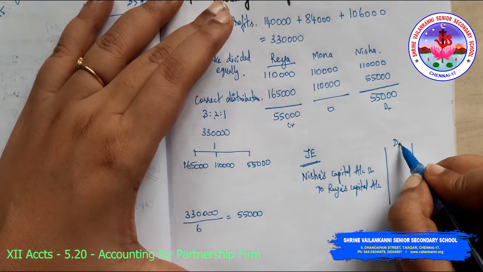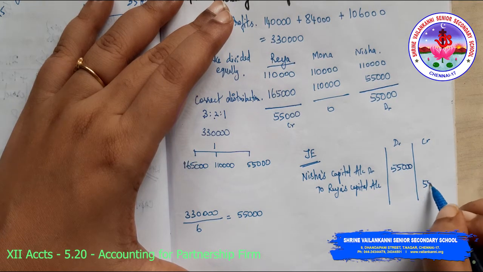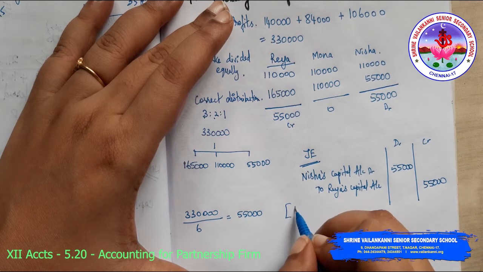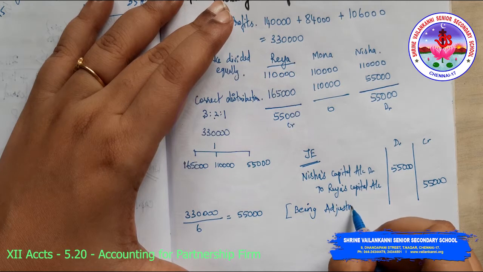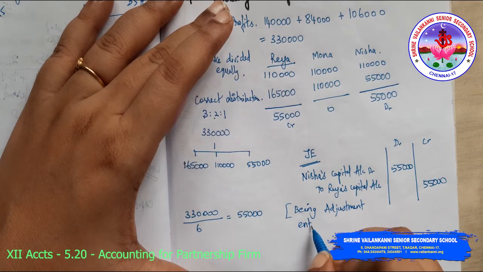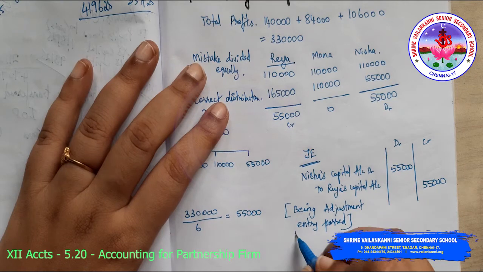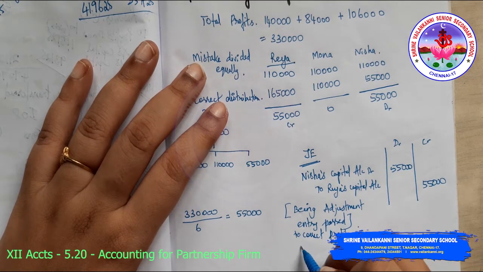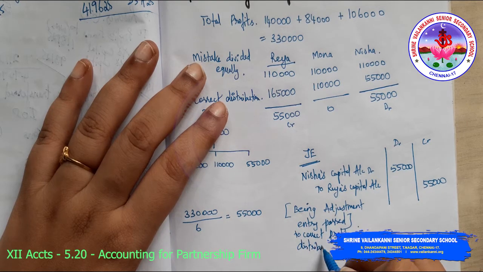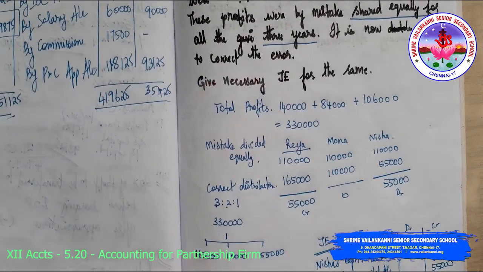So I am just writing debit, credit: 55,000 and 55,000. Being adjustment entry, you can write, to correct past profit distribution. Okay, so this will be the journal entry. So I hope that this is clear.